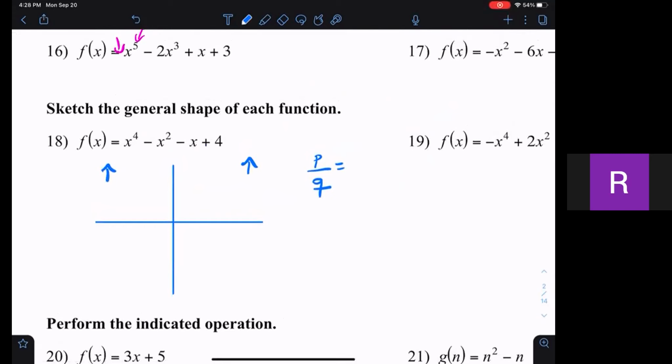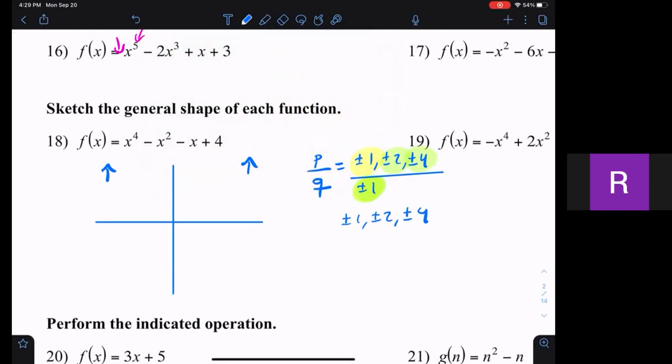So this is going to be plus or minus 1, plus or minus 2, plus or minus 4. And then the leading coefficient is going to be just plus or minus 1. So this is going to be plus or minus 1, plus or minus 2, plus or minus 4, because you're dividing these numbers, right? Dividing this by this, dividing this by the 1 again, and dividing that 4 by the 1. So those are the possible solutions. You have to check which one is the answer, right?